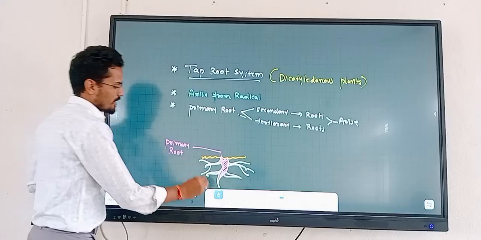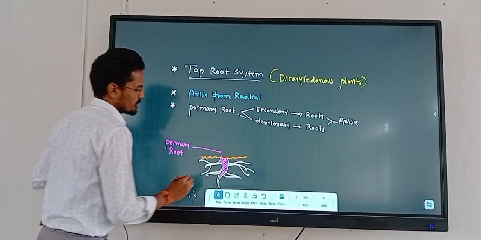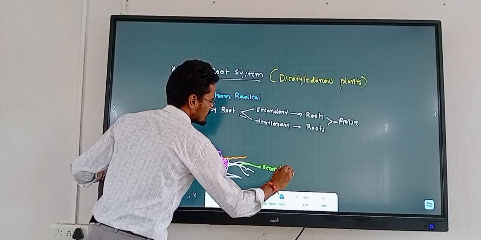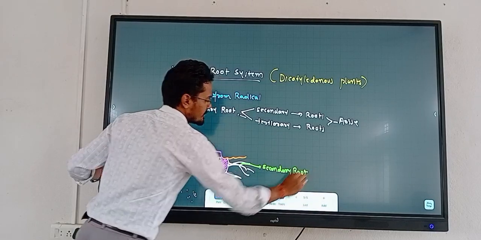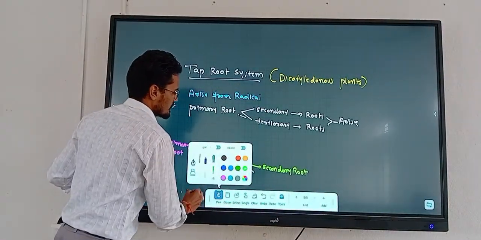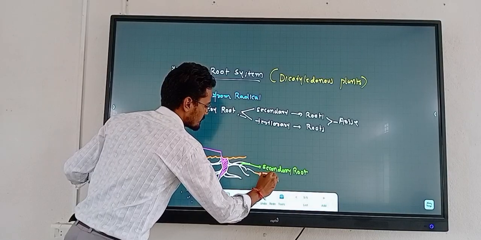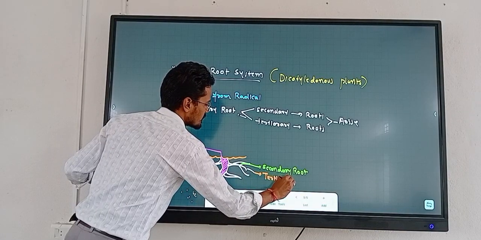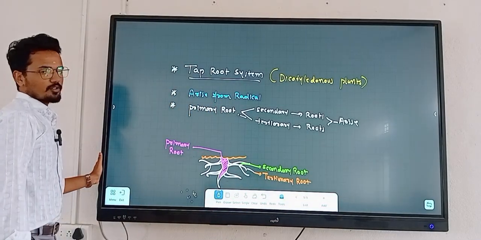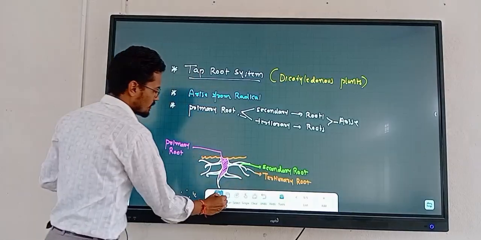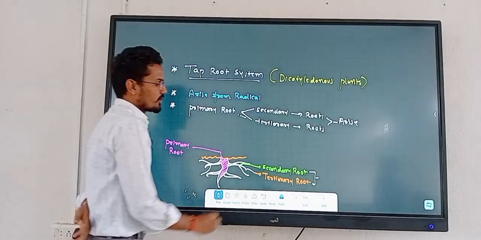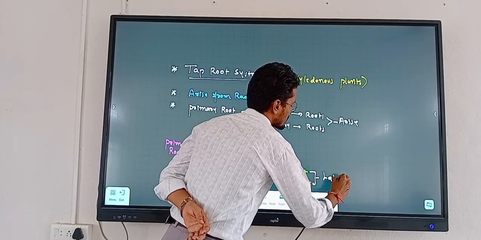From this primary root, secondary roots arise. From the secondary root, tertiary roots arise. The secondary and tertiary roots together are called lateral roots.